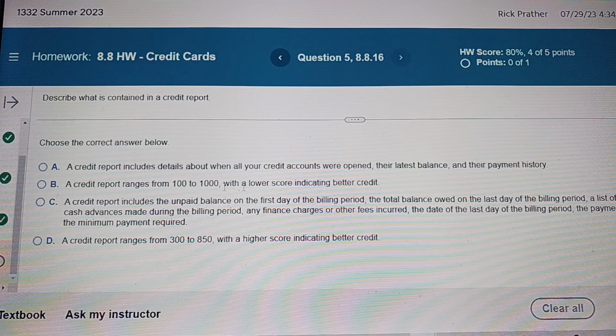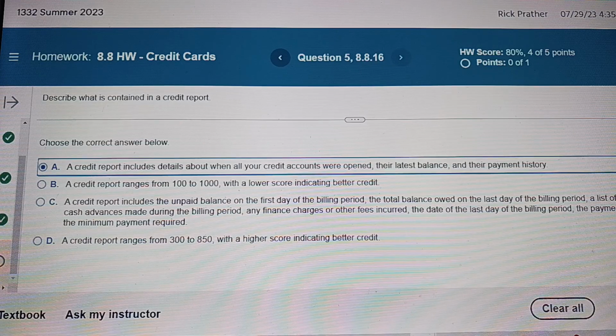I know for sure it's not B, because lower scores are definitely not better. You want a higher credit score. And I'm pretty sure it's not C because I don't think it has all this. This is too much information, I think. So A or D. I know it shows you all the individual things you have as accounts. So it may not be D just because that's not saying that part. Let me try A first.